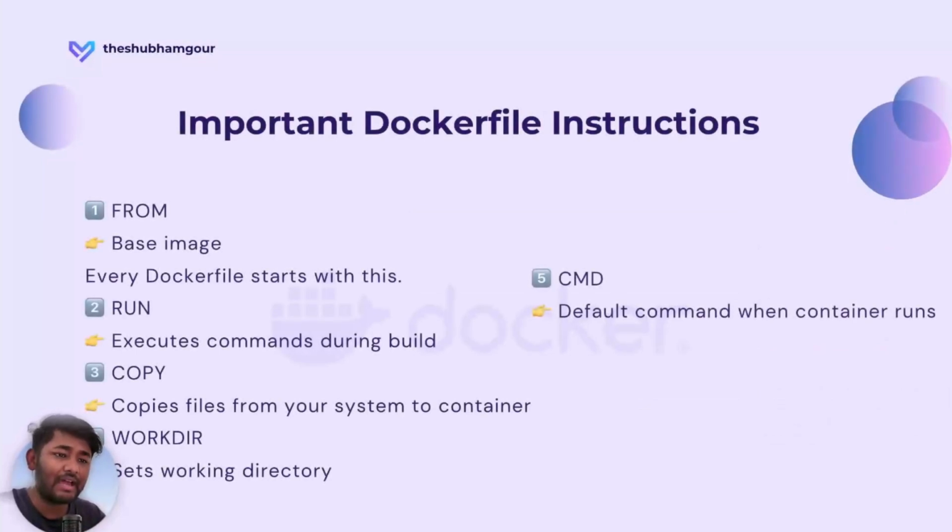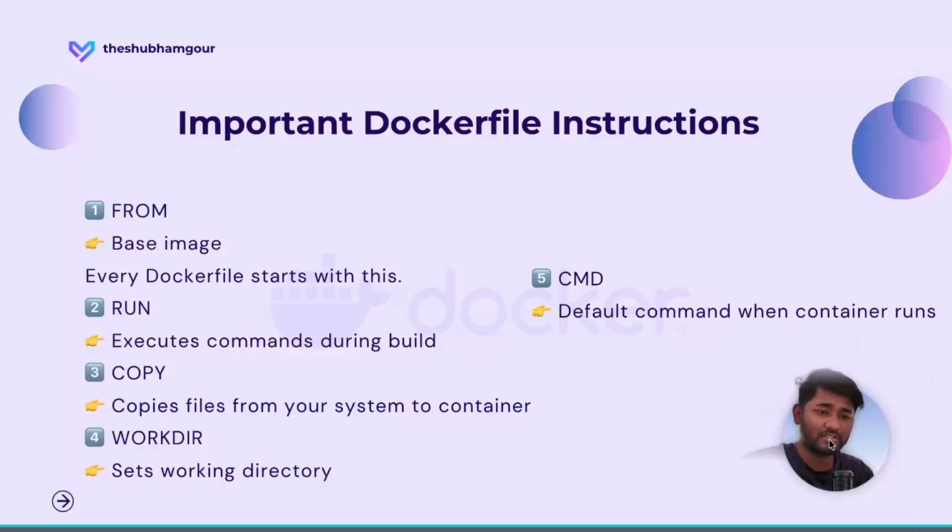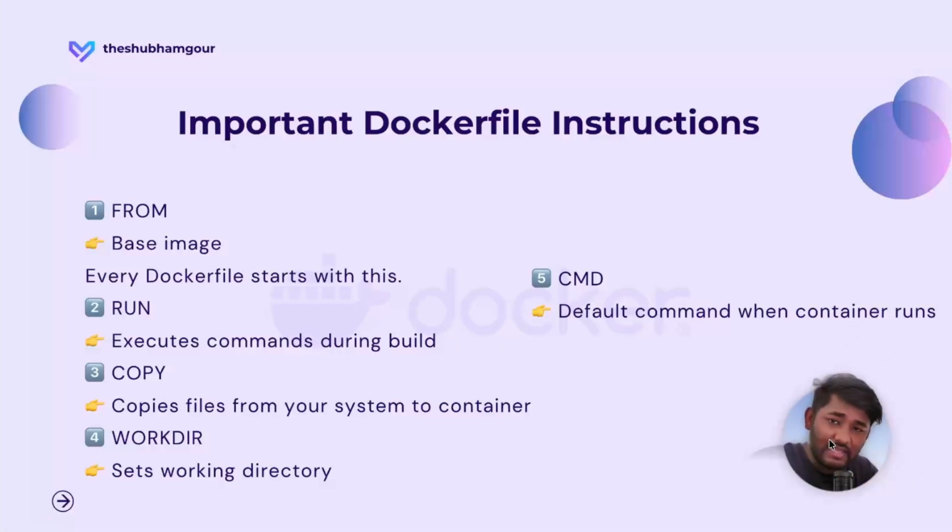Now let's understand what the important Dockerfile instructions are. First is FROM. This is the very start point of any Dockerfile, because here we define the base image. So every Dockerfile will start with this. Second is RUN. RUN is used to execute commands during the build time. Third is COPY. This will copy your files from the system to the container. Fourth is WORKDIR.